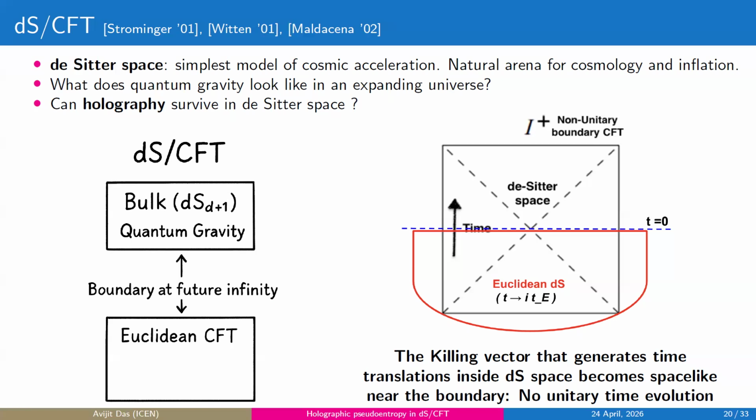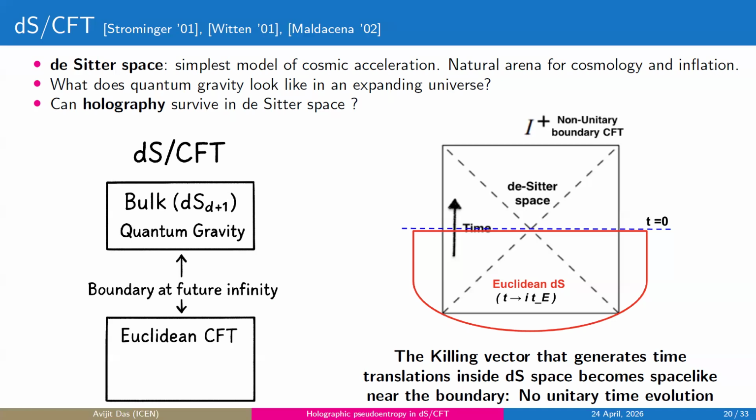And what he said is that you have a conformal field theory here, but this is a space-like boundary, so it is a Euclidean CFT. And how have we defined this? To have a dictionary, we have to prepare some state. To prepare the state, we use what is called the Hartle-Hawking state preparation.